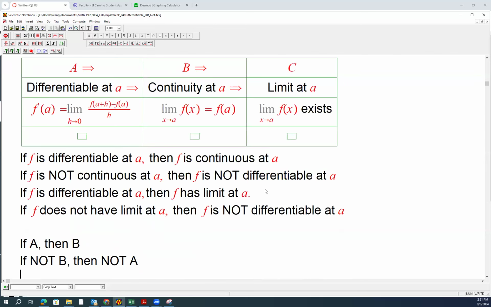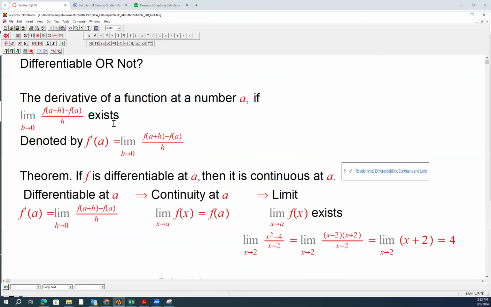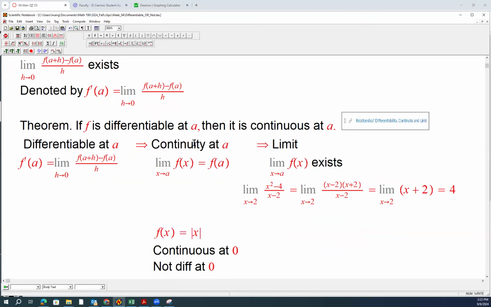That additional tool is the definition of the derivative of a function at A. A lot of us may try to avoid using this tool because it looks complicated. You have to do calculation, but this one is the ultimate tool.